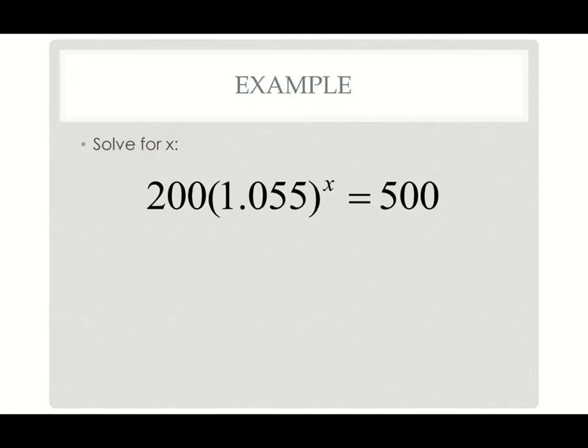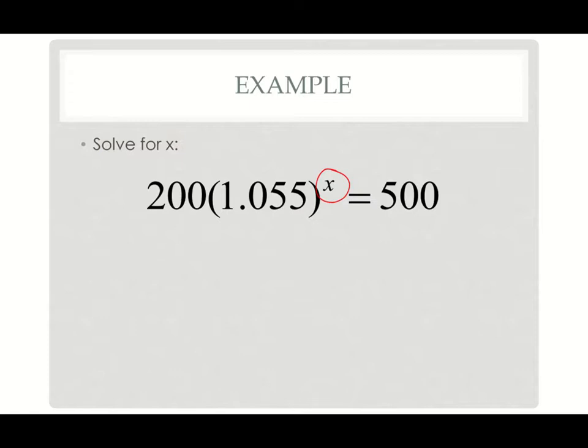So here's another example that's in a more similar format to what we've been doing with these exponential equations. We have 200 times 1.055 to the x power equals 500, and we want to solve for x. We want to get that exponent by itself. In order to do that, we're going to have to change it to a logarithm.